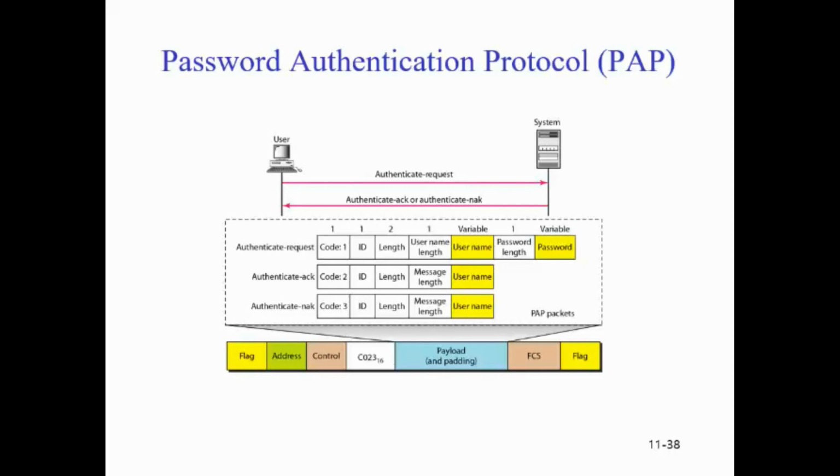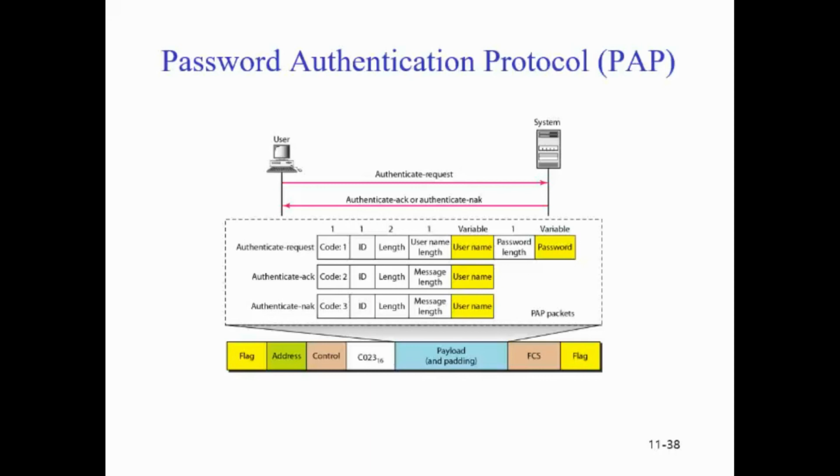The figure shows the three types of packets used by PAP, and how they are exchanged. When a PAP frame is carrying a PAP packet, the value of the protocol field is 0xC023. The three password authentication protocol packets are authenticate request, authenticate acknowledgement, and authenticate negative acknowledgement.